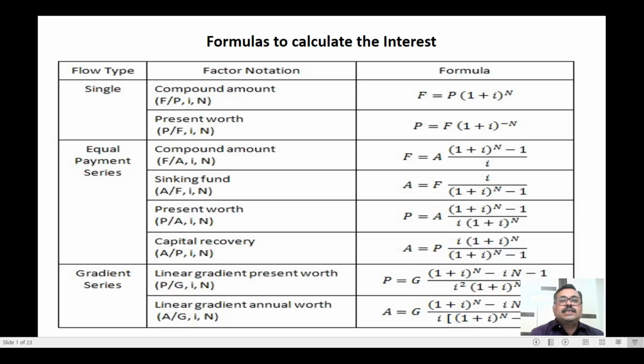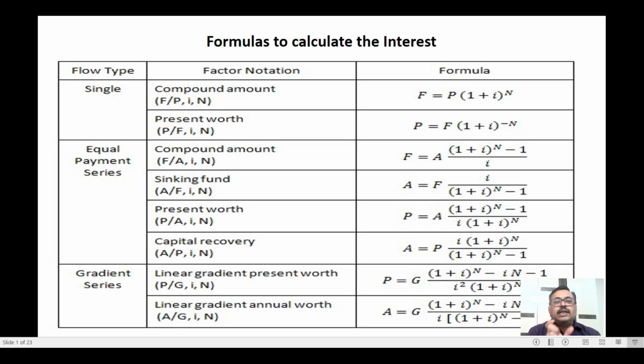The first one is the compound amount factor. We have to find the future amount given A, the equal amount. A is called the equal amount, that means every time period it is, say, 1000 rupees every year or 1000 rupees every month.